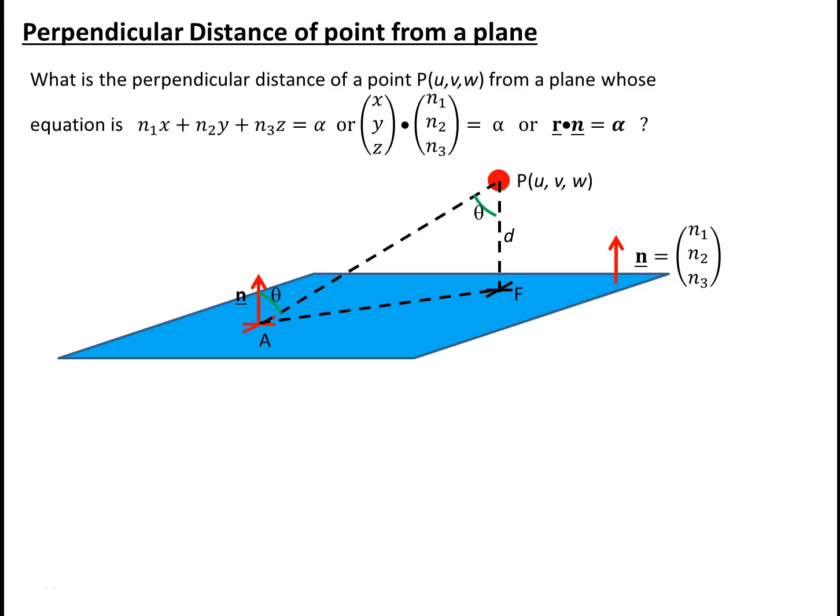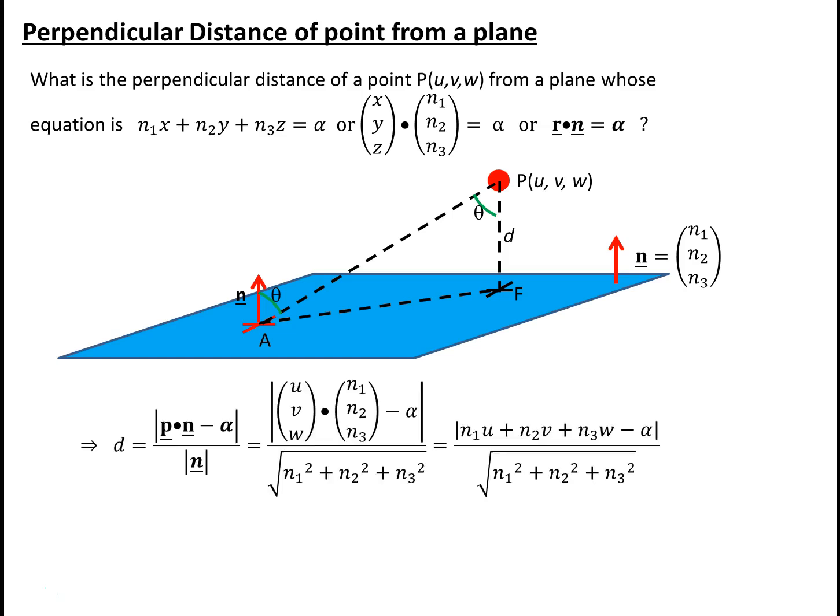If we want the perpendicular distance of the point u, v, w from the plane whose Cartesian equation is n1x plus n2y plus n3z equals alpha, that Cartesian equation can be written in vector form as x, y, z dot n1, n2, n3 equals alpha, or r dot n equals alpha, where n is the normal vector consisting of n1, n2, n3.